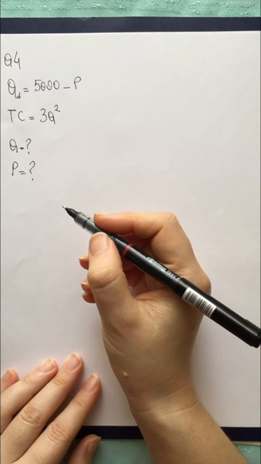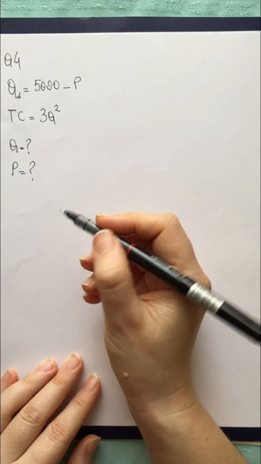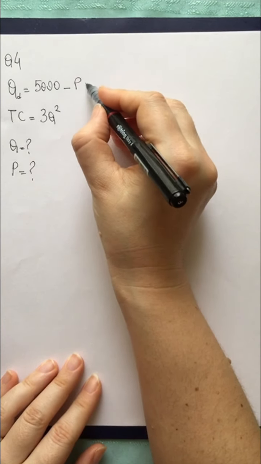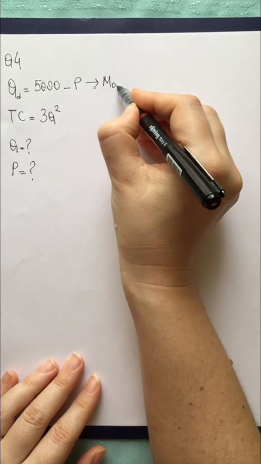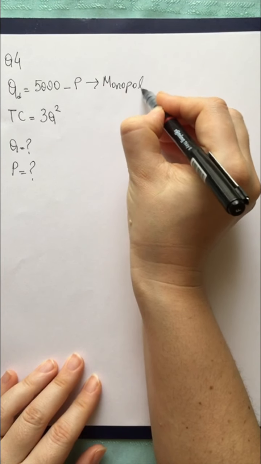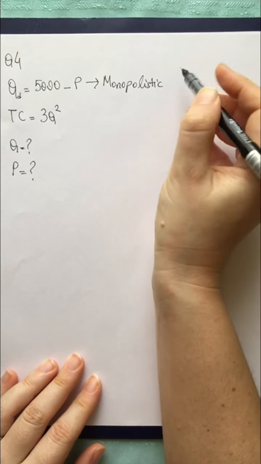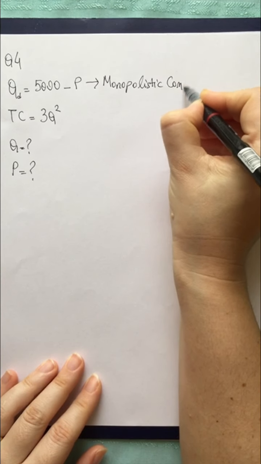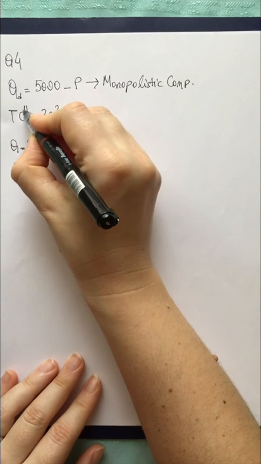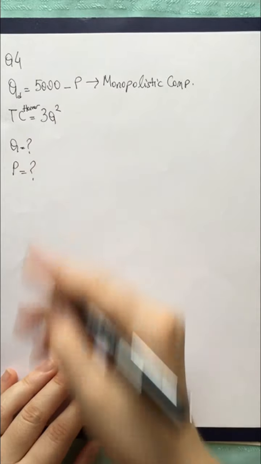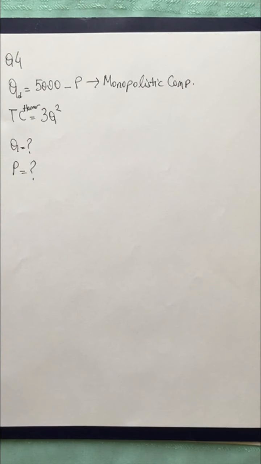And is this a long-run equilibrium? This market is defined in the question as monopolistic competition. So this is the total cost for Homer's boat manufacturing, but there are lots of firms producing similar boats, not the same.